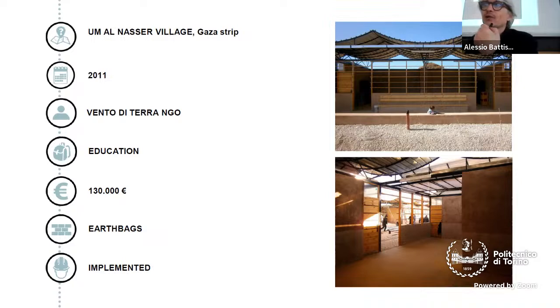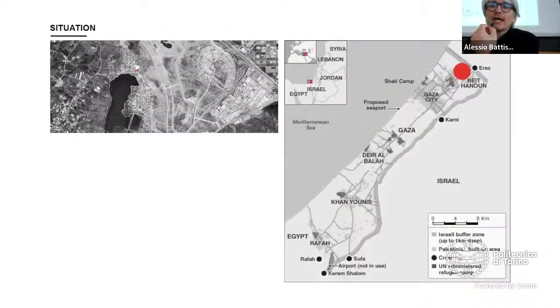We could actually design it with Mario Cucinella's office, and then we took care of all the work site and several aspects. Here we are in the north part of the Gaza Strip, as you can see, where Erez Gate is, so basically where the people enter Gaza.